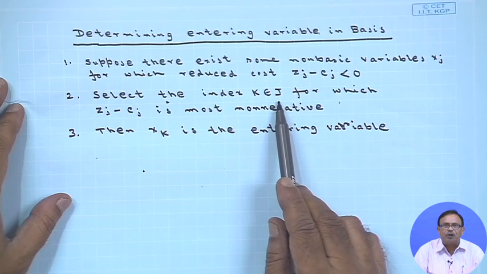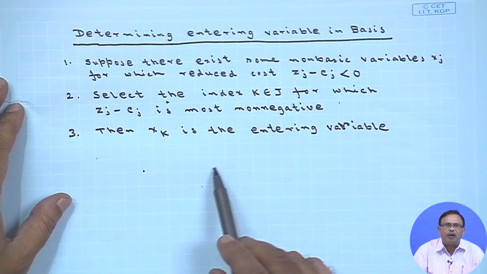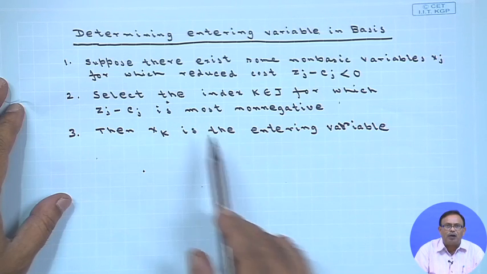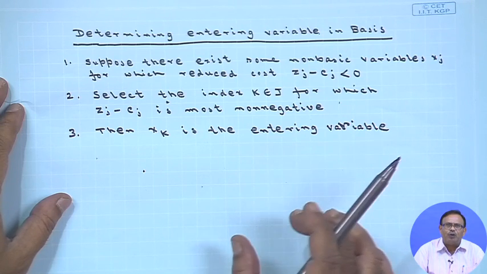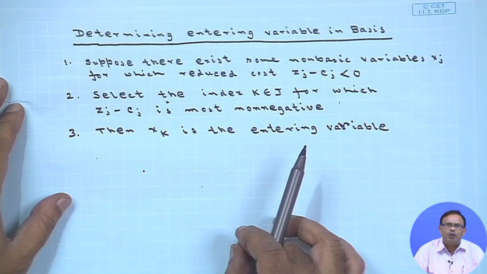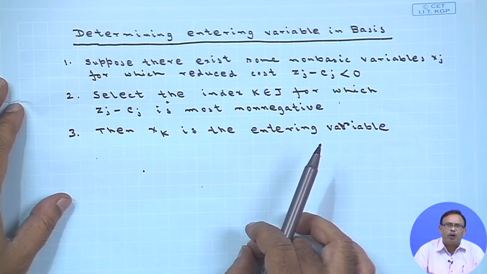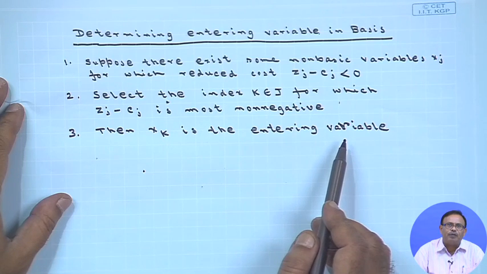Capital J denotes the index set of the non-basic variables. From there, I will select k for which z_j minus c_j is most negative. Please note this one, z_j minus c_j is most negative. There may be some values, and out of those, the z_j minus c_j which gives you the most negative value, that we will choose, and corresponding to that index k, x_k will be the entering variable.